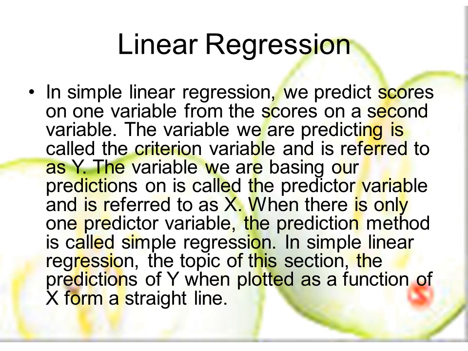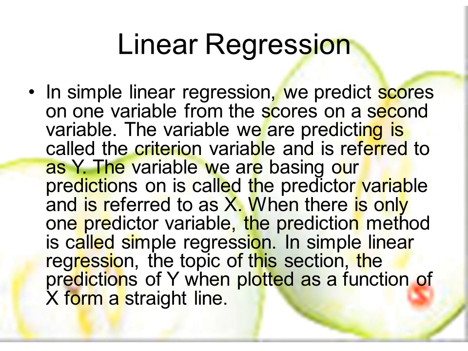In simple linear regression, which is what we're actually going to be talking about in this chapter, we predict scores on one variable from the scores on a second variable. The variable we are predicting is called the criterion variable and is referred to as the letter y.